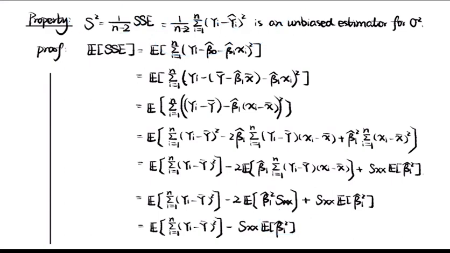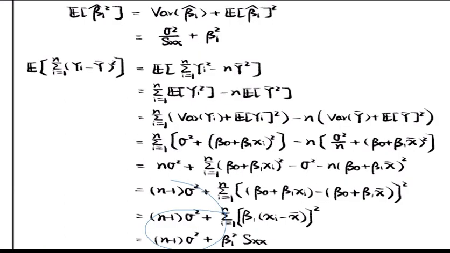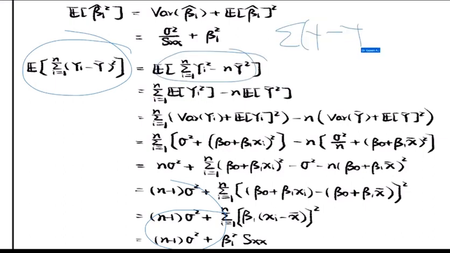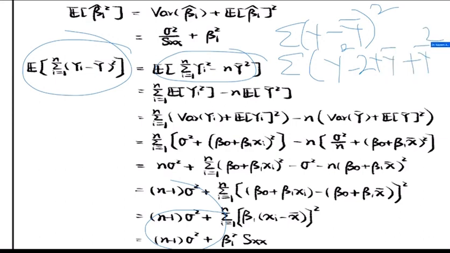Let us also simplify this other term. If I have the summation of y minus y bar, all squared, and you expand that, it's going to be y squared minus 2y bar y plus y bar squared.